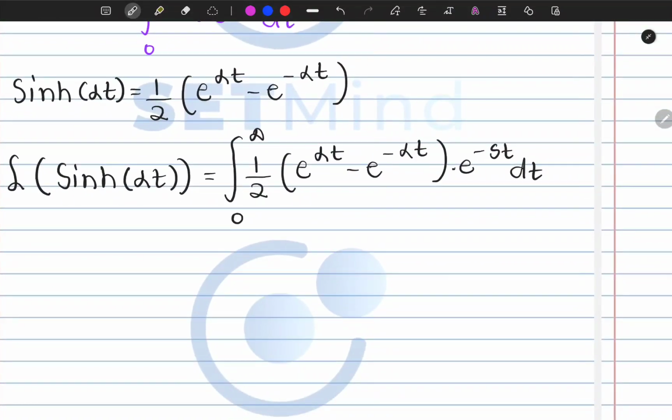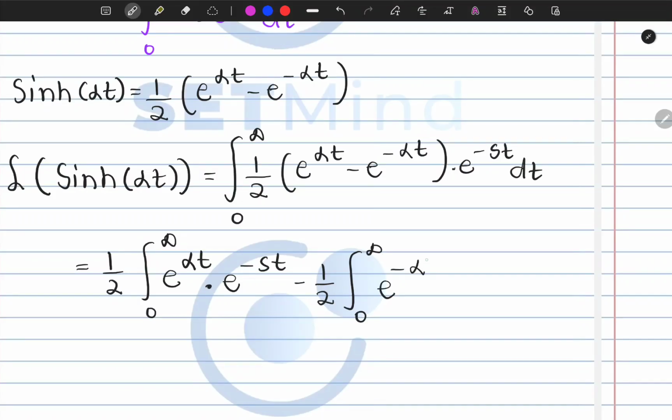If you look carefully, I'll pull out the half, and I'm integrating from 0 to infinity, and what I have is e to the alpha t multiplied by e to the negative st. That makes me happy. And then I'll have a minus integral from 0 to infinity, and I have e to the negative alpha t times e to the negative st.